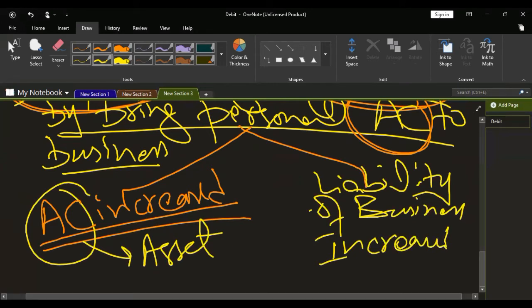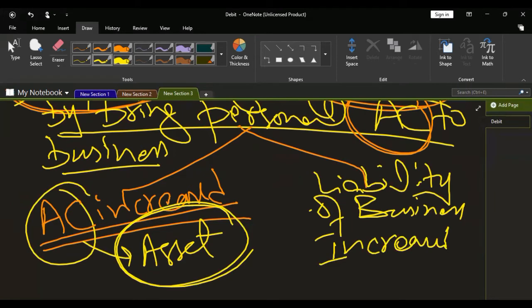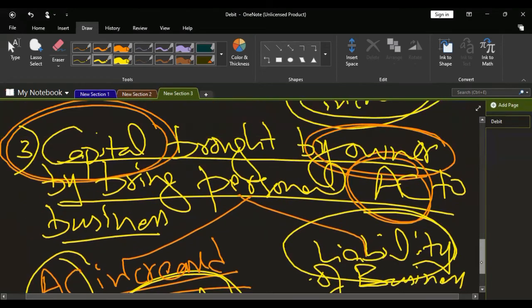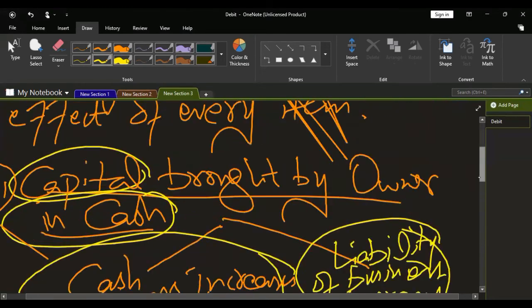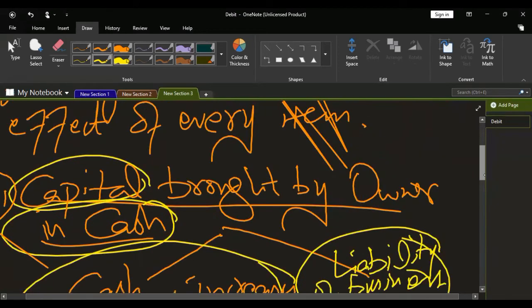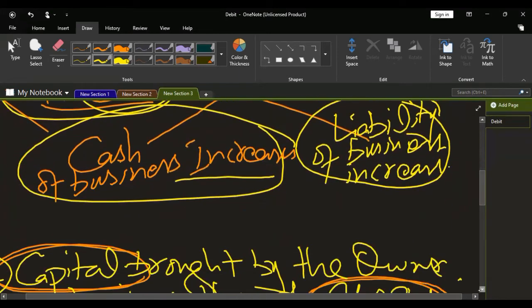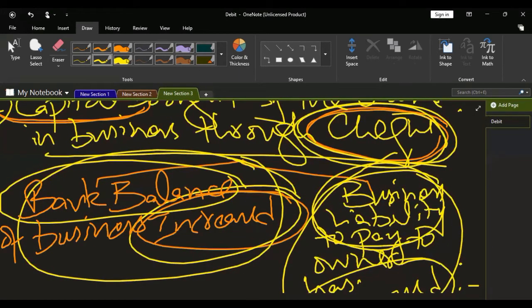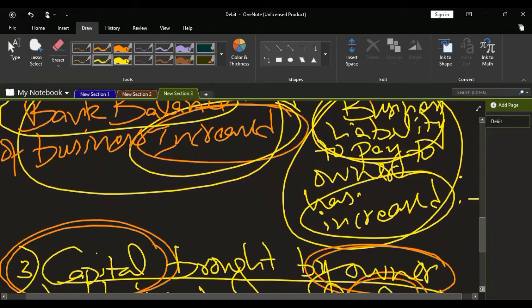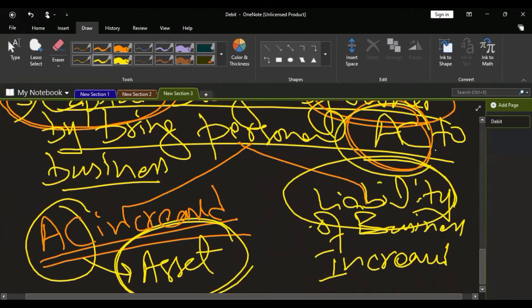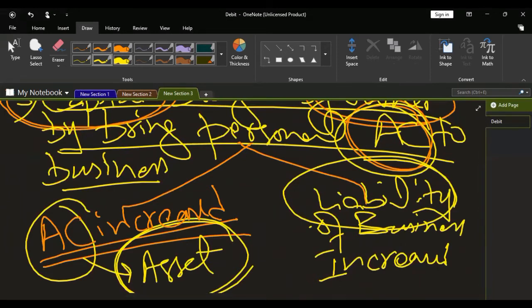So this transaction has placed two effects on the business: first, it has affected the assets the business has, and second, the liability. So we have studied three types of capital forms. Firstly, capital brought by the owner in the form of cash; then in the form of check, through which the bank balance is affected; and the third, the owner has brought a personal asset to the business, due to which business assets increase.